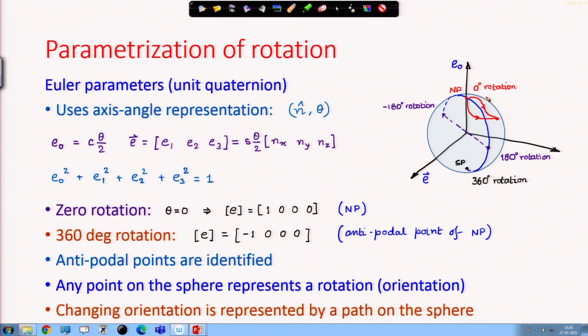And these paths, remember, are all on this unit sphere, a 3-sphere in 4-dimensional space. And now you can think of how to visualize how orientation is changing, just like you visualize change of position of a particle, which is indicated by change in the coordinates. Similarly, change in these parameters will indicate change in orientation.